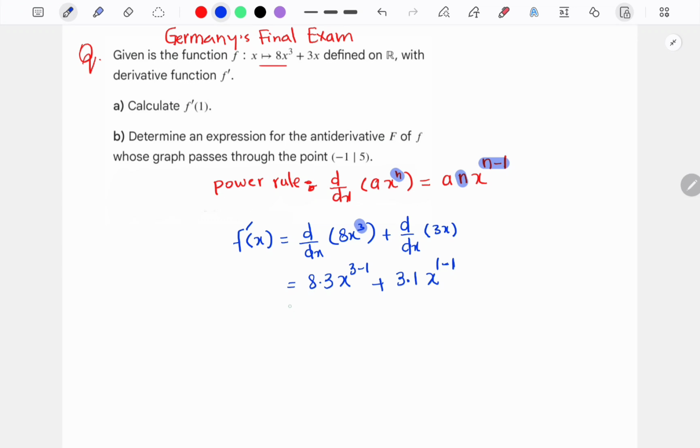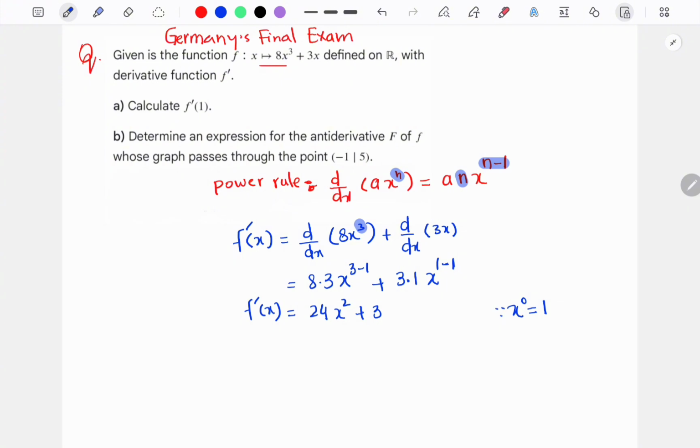Now our f prime x finally gives us 24 x to the power 2 plus 3 x to the power 0. And as you know, because x to the power 0 is equal to 1, we can simply write 3 here.